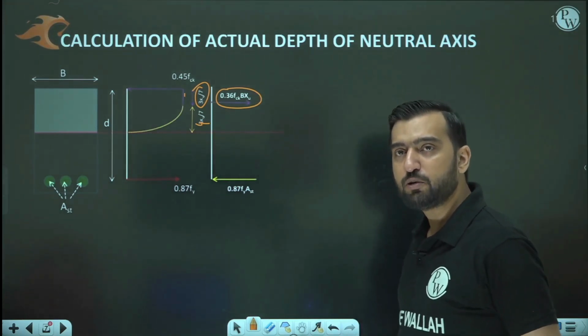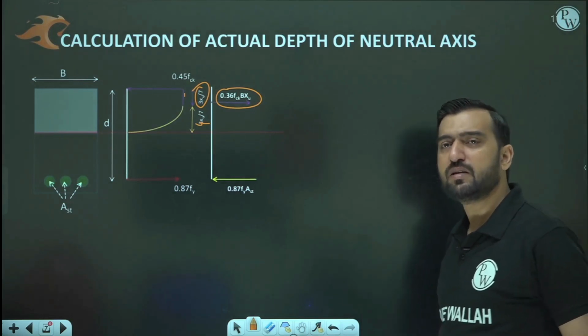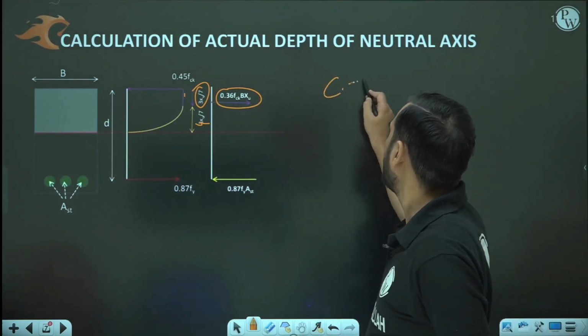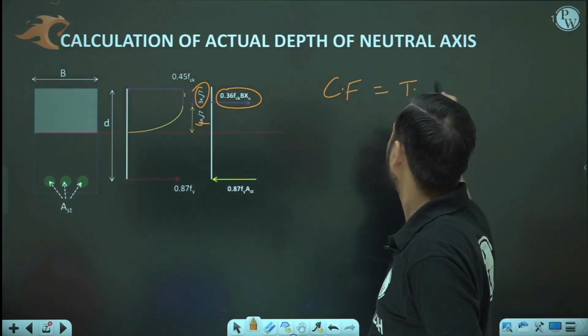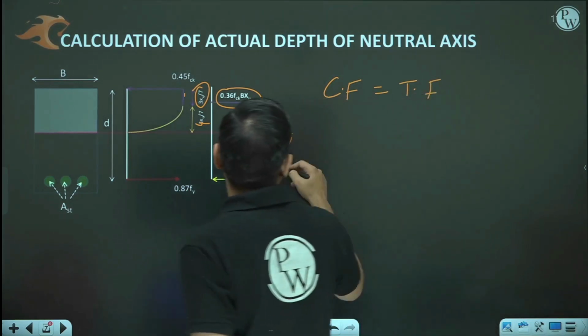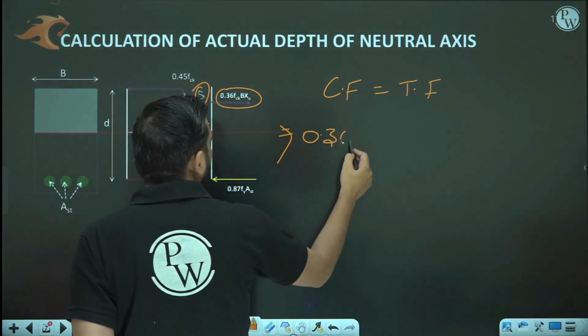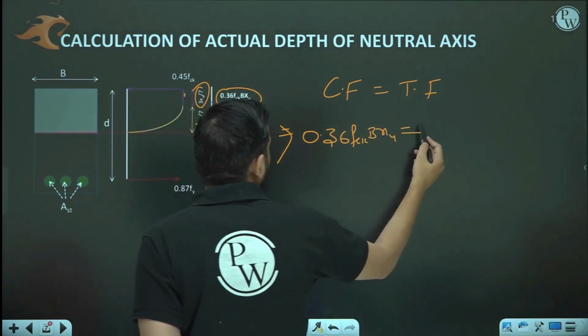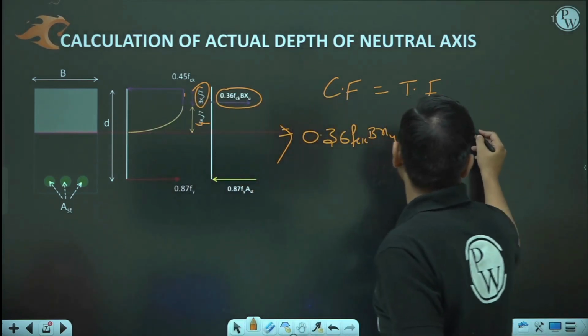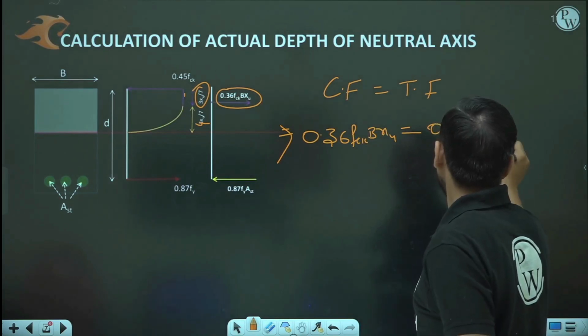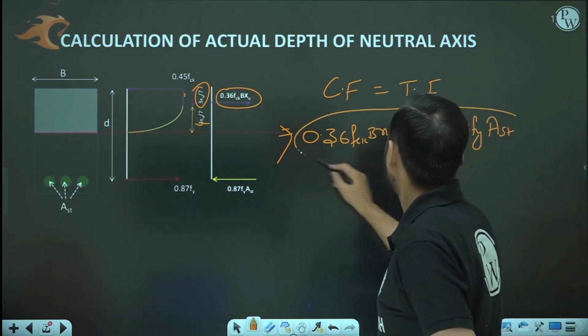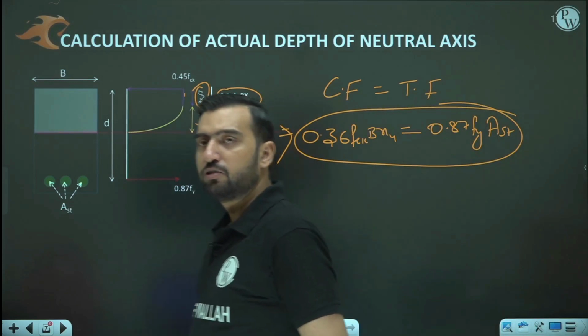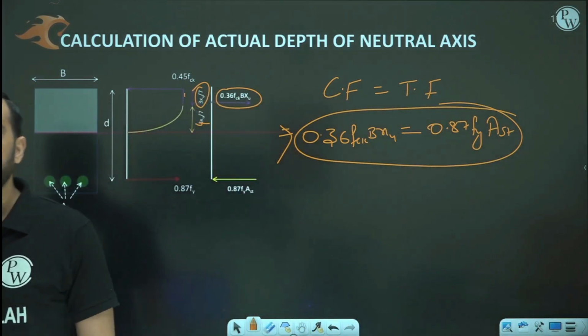So if you want to calculate the actual depth of neutral axis, then simply you have to equate the compressive forces with the tensile forces. And my dear friend, the compressive forces here are 0.36 FCK B XU and the tensile forces are 0.87 Fy into AST. Are you getting it or not? So by this concept you can get the value of XU.